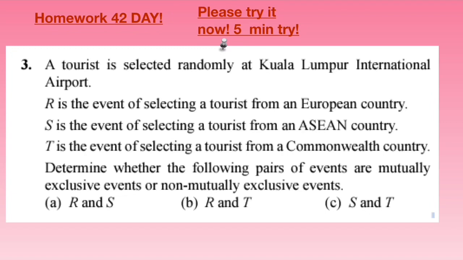Determine whether the following pairs of events are mutually exclusive events or non-mutually exclusive events. R and S, are they mutually or non-mutually exclusive events? R and T, S and T. Please try it on your own. We'll discuss later.